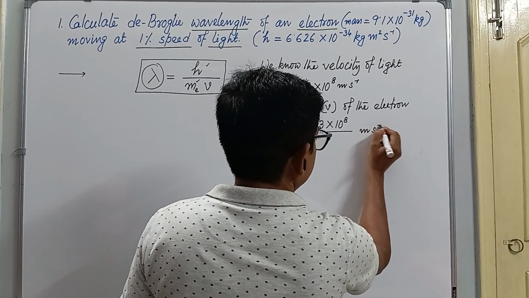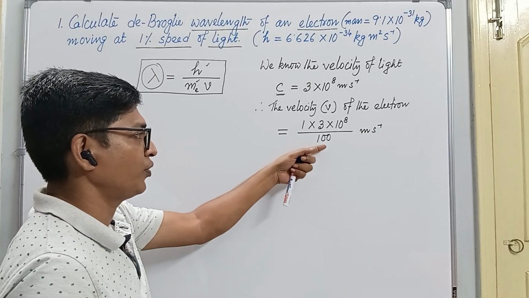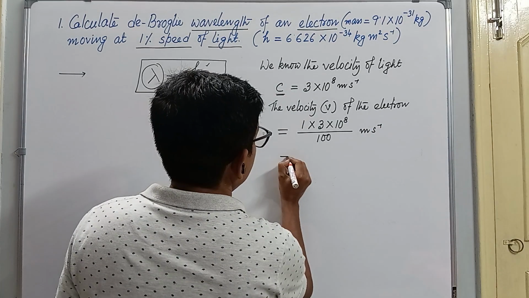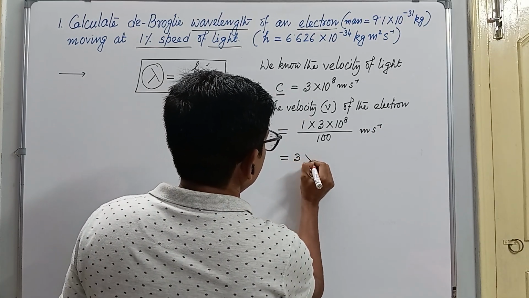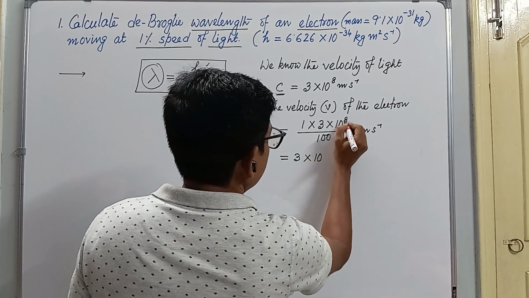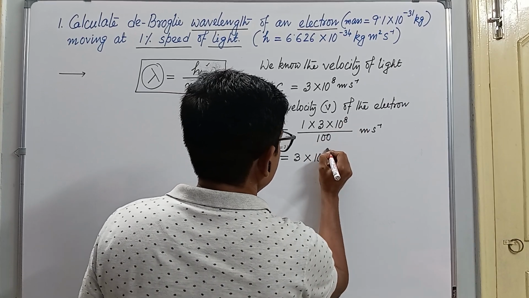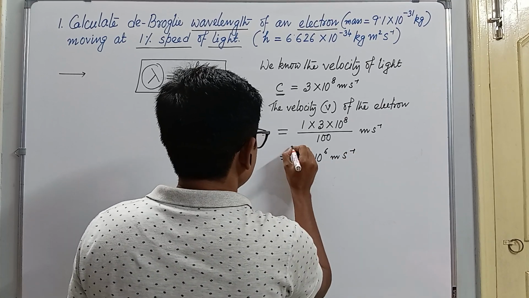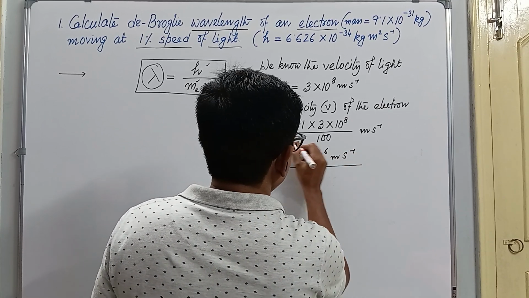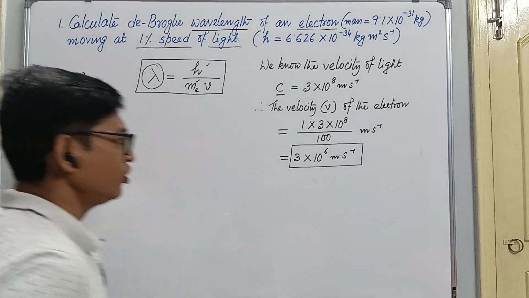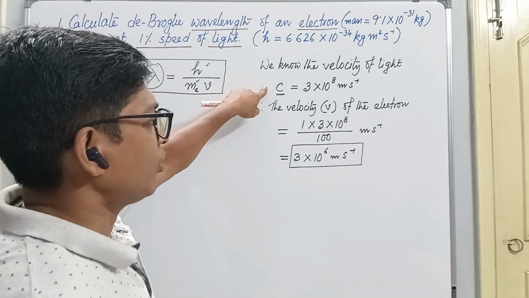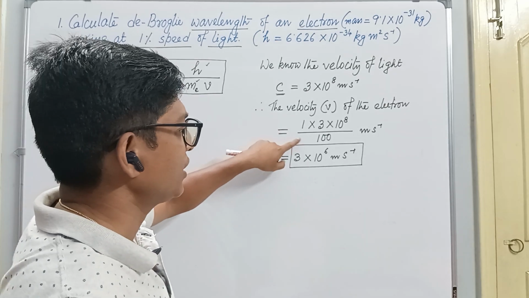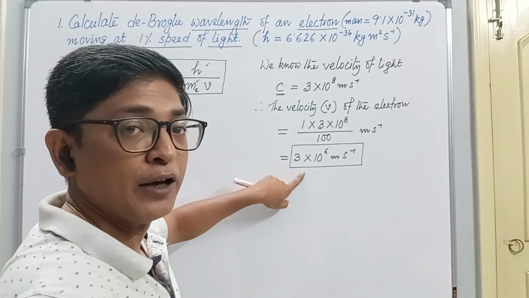As simple as that, because we are not dividing by any unit, it remains the same. So this becomes 3 into 10 to the power 8 divided by 100, which is 3 into 10 to the power 6 meter second inverse. This is how to calculate the velocity of that electron using the speed of light. This is the speed of light, we have taken 1% of it, and this is the value.